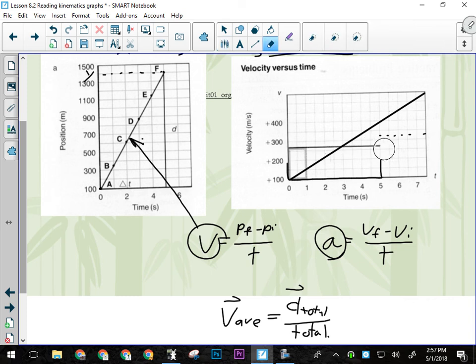How do you calculate the area of a triangle? Base times height divided by 2. So wouldn't my average speed be the height of this triangle divided by 2? Didn't we say it was halfway up?